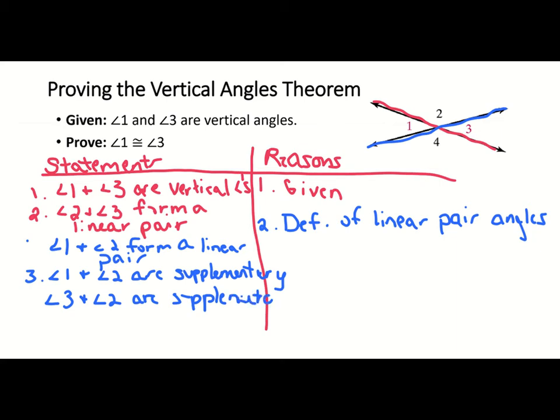Oops, I didn't write very good, but they are supplementary. All right, and the reason that I know the angles are supplementary is go back and look. We had that linear pair theorem where it said if you have a linear pair, your angles are supplementary. So my reason that I know this would be the linear pair theorem.